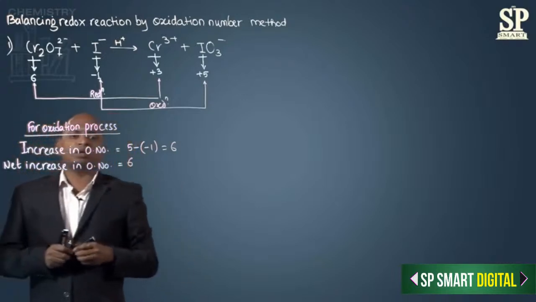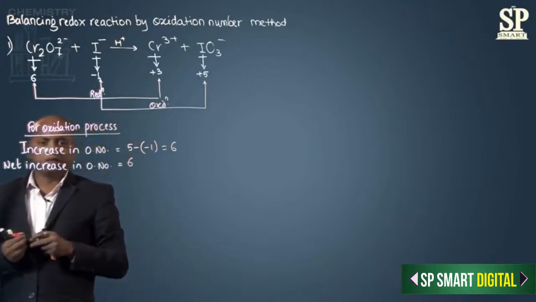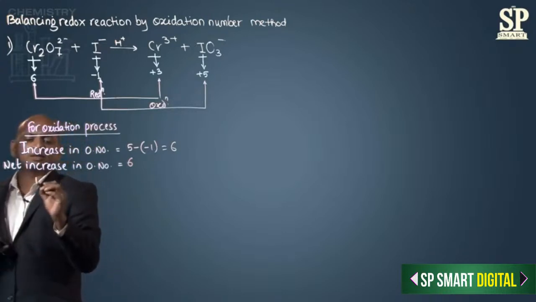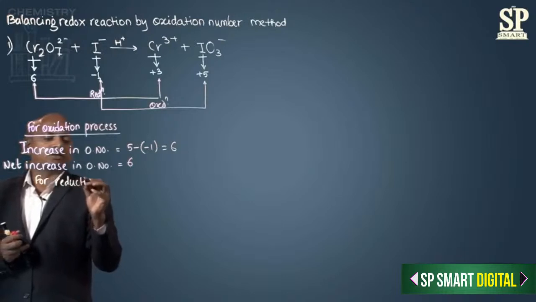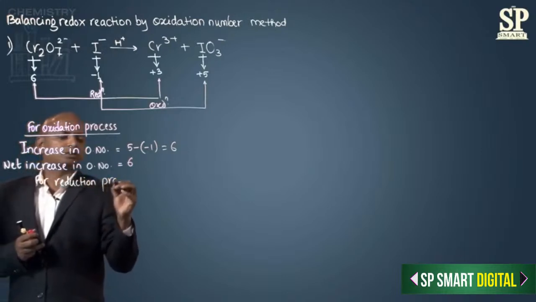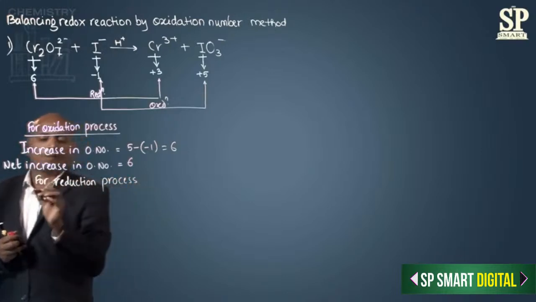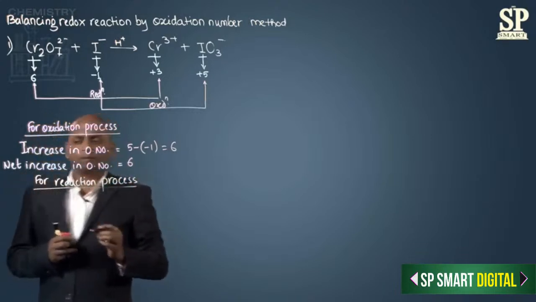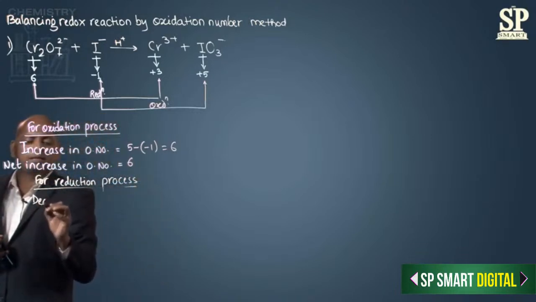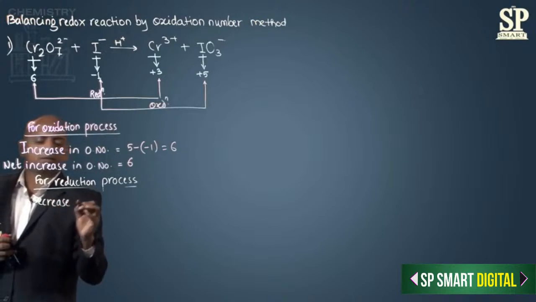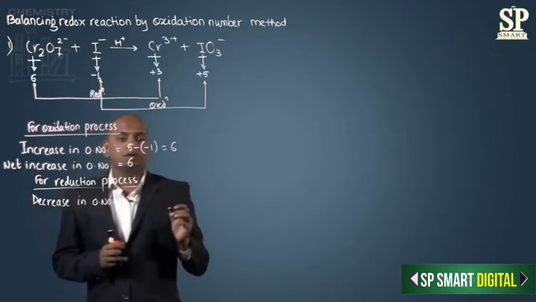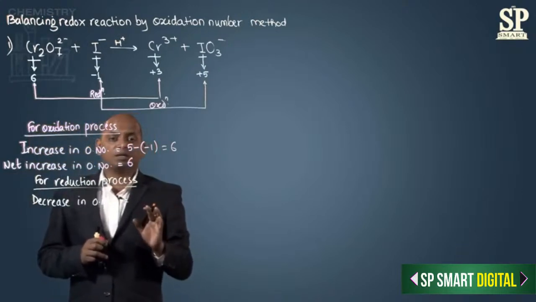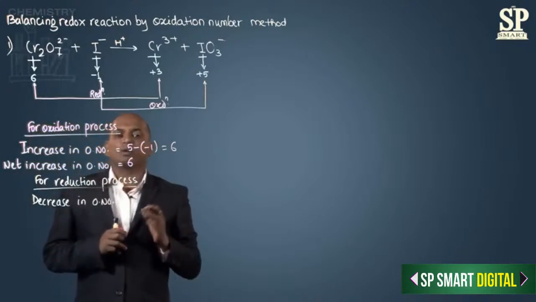Now we will go for the reduction process. For the reduction process, the decrease in oxidation number: here the magnitude is important.